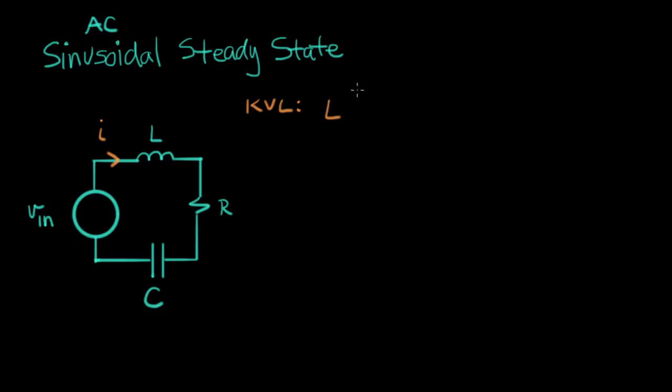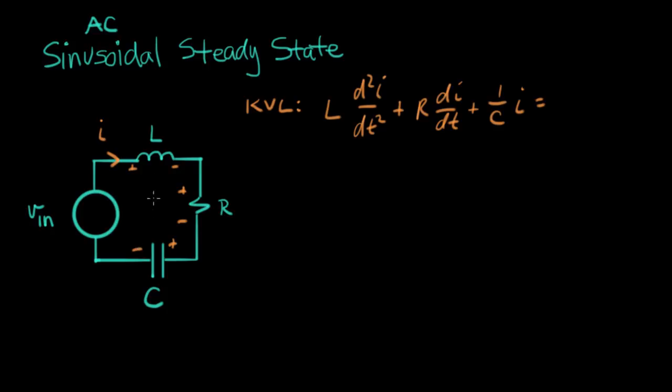We had L times the second derivative of I, plus R times the first derivative of I, plus 1 over C times I. Each of these individual terms is the voltage across one of these components: inductor voltage, resistor voltage, and capacitor voltage. And if we add those up, they have to equal Vin.